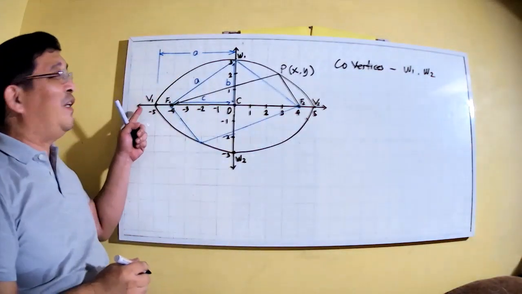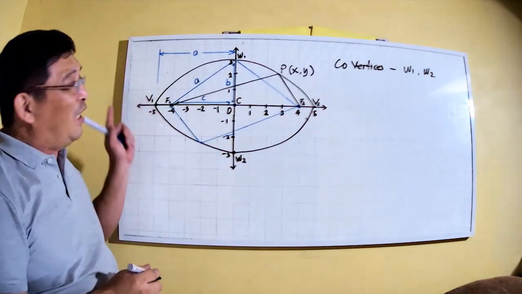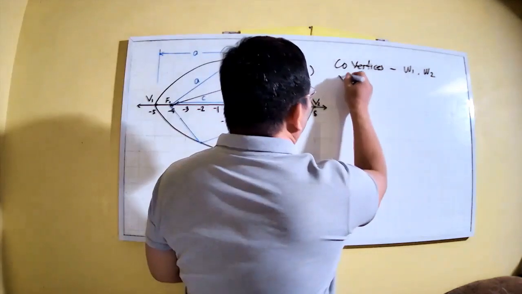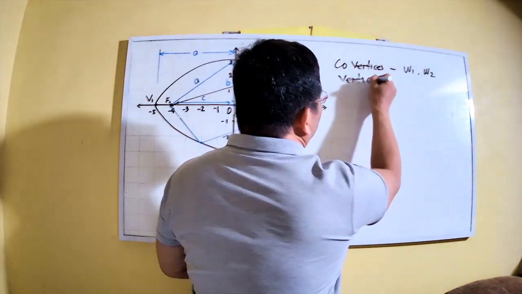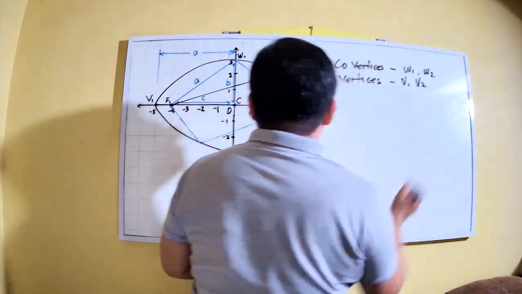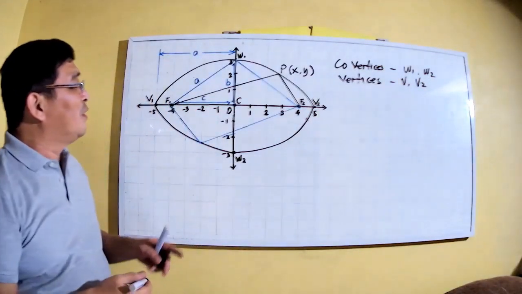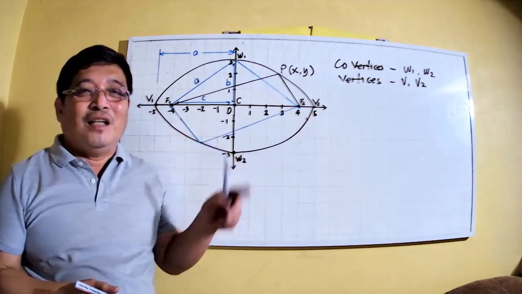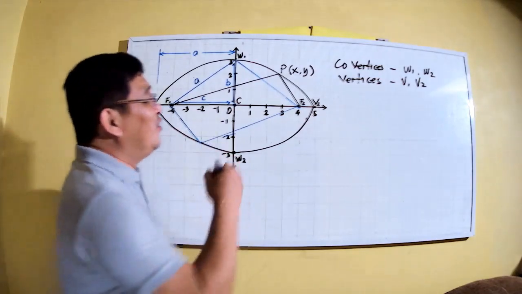We have vertices. Dalawa rin sila, V1 and V2. We have foci. Dalawa yung focus, kaya foci.